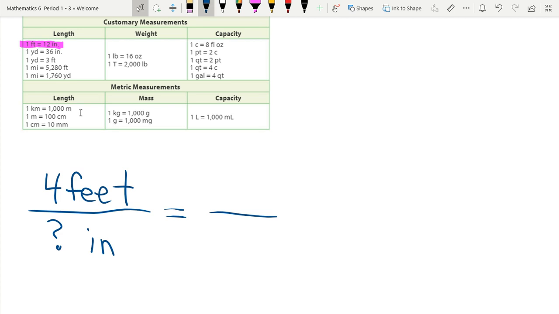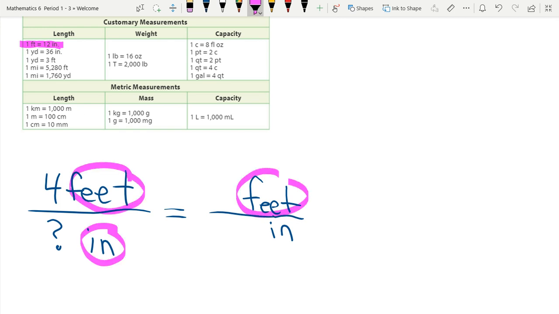On the right side of my equation, I'm going to put the exact same labels in, feet to inches. So you can see here it says feet to inches, feet to inches. They're exactly the same. They have to look exactly the same.